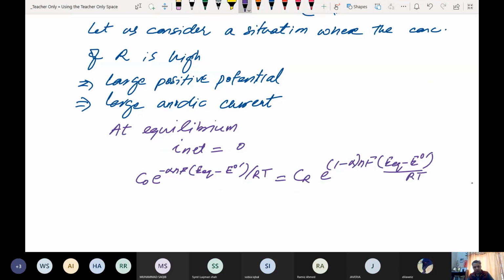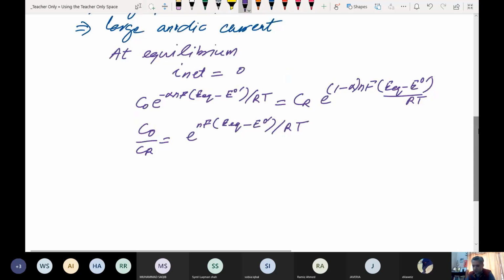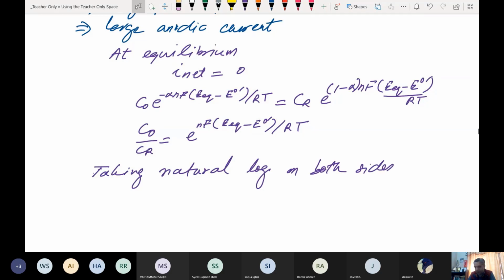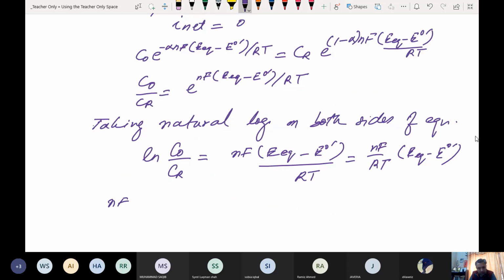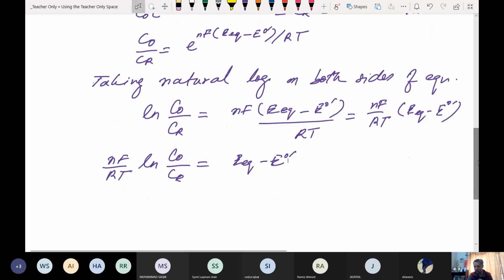Similarly, if we resolve it further, taking natural log on both sides of the equation, we get the expression divided by RT. Okay? So we can also rearrange this in the form NF over RT. This is how it looks. If you rearrange it, the same equation can be written in this form, and if we rearrange it further, we can write it like this.